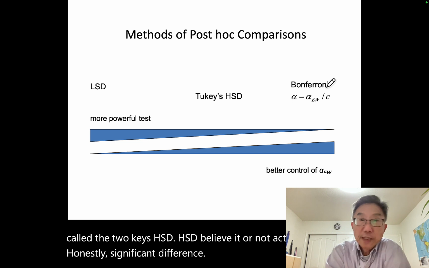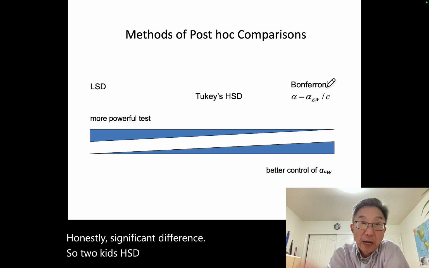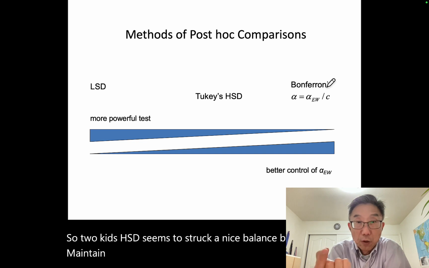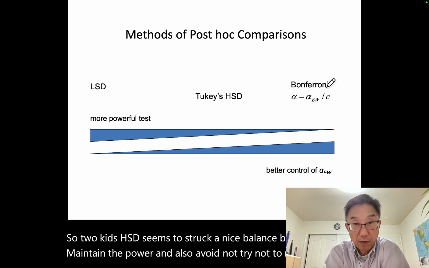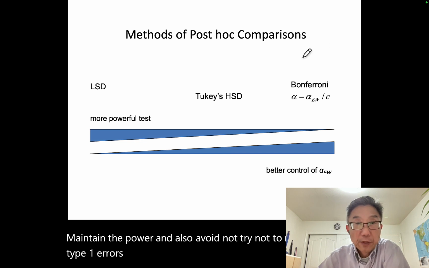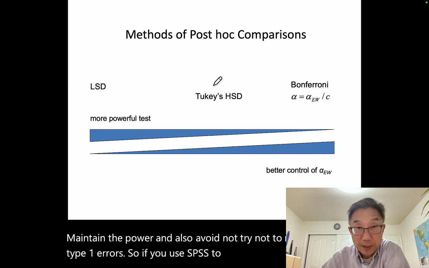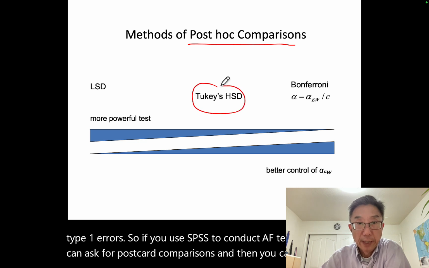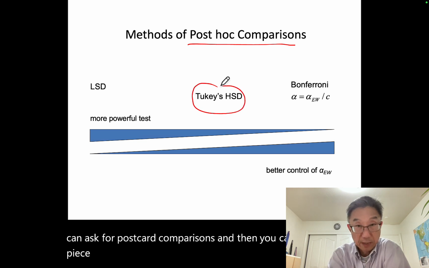So Tukey's HSD seems to strike a nice balance between maintaining the power and trying not to make too many type 1 errors. So if you use SPSS to conduct an F-test, analysis of variance, you can ask for post-hoc comparisons, and then you can specify Tukey's HSD as a method for post-hoc comparisons.